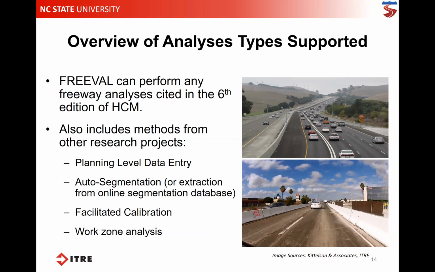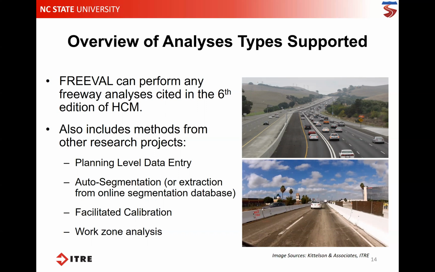So in fact, that second bullet here combines both segmentation as well as volume data that can be entered literally within minutes without having to worry about the integrity of the coding at this point. So that's an important facility.